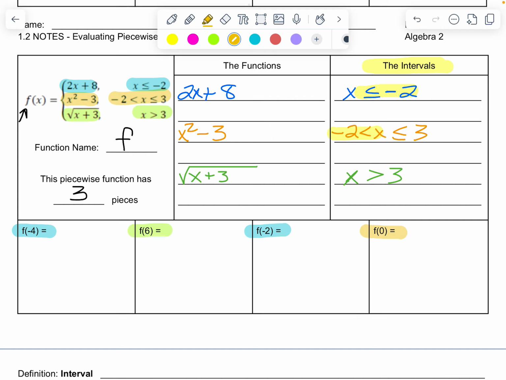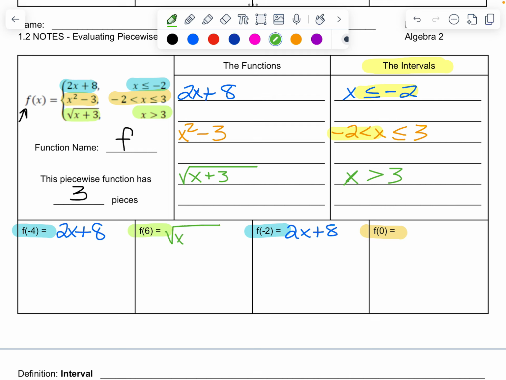At this point, again, I took a moment to focus on which piece will be in play. Then I'm just going to write down which function it is, and if I color coordinate this, it should be super simple to do. I'll start off by writing the actual function itself without plugging it in first.